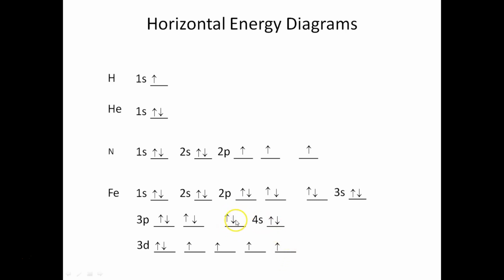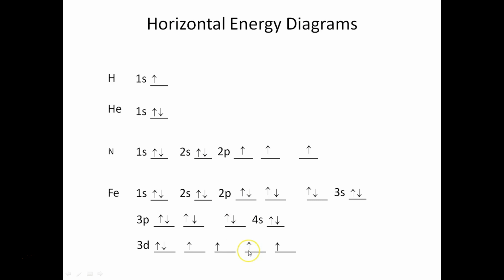So for example, if I looked at this electron, I could see it has an N value of 3, an L value of 1, an ML value, we will say arbitrarily that this one is positive 1, and an MS value of negative 1/2.